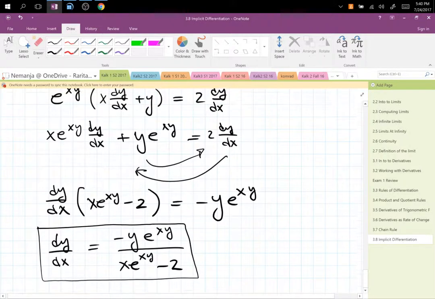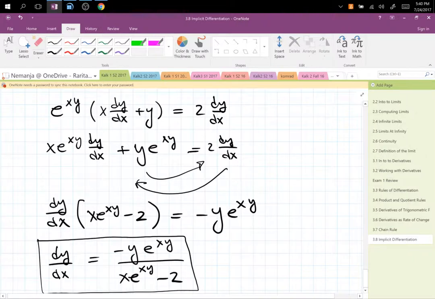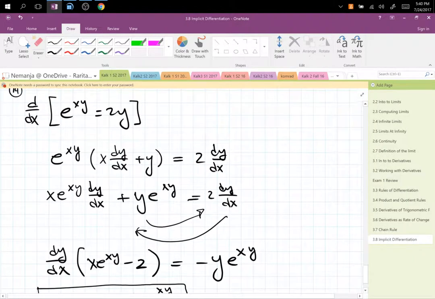So let's take a look at this one more time. I took the derivative. That's all. So let's start. We have a chain rule part here. It's not e to the x. It's not e to the y. It's e to the xy. So the derivative of that has to be itself times the derivative of the exponent.